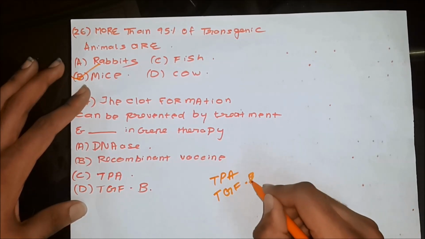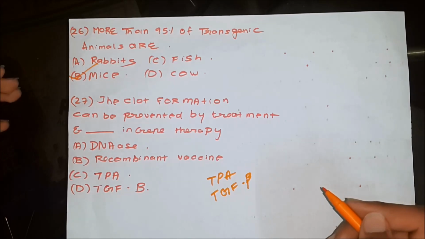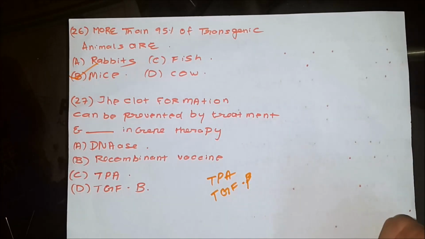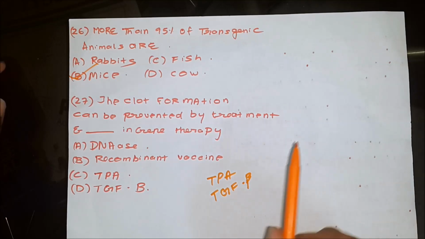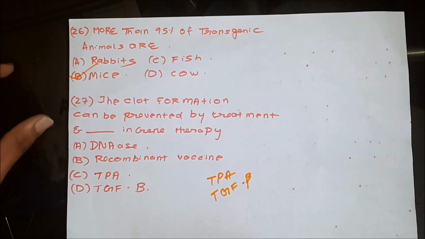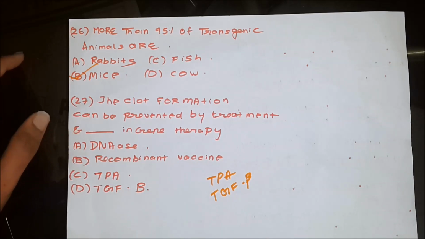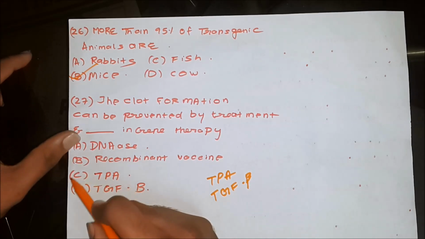B is for beta, which will help you grow epidermal growths and new blood vessels. So the most suitable option would be TPA, that is tissue plasminogen activator. That would be helpful in preventing blood clots.